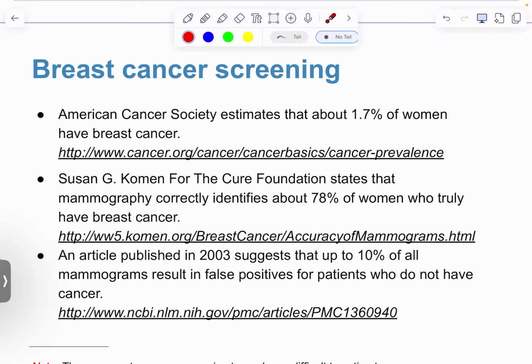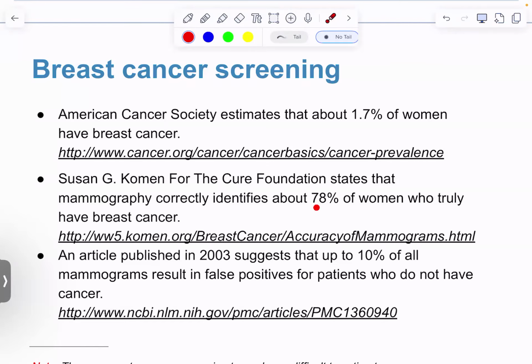And blah, blah, blah states that mammography correctly identifies about 78% of women who truly have breast cancer. And so if you have breast cancer and you do a mammogram, then it'll catch it about 78% of the time.